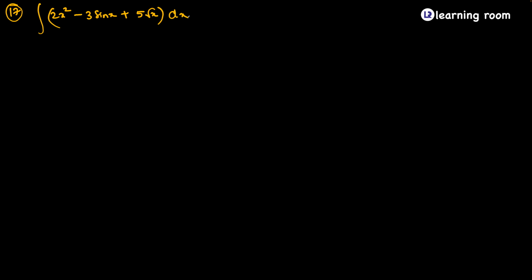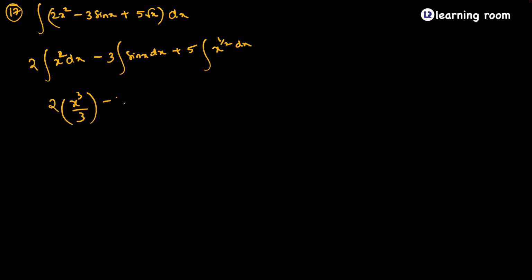So 2 times the integral of x square dx, minus 3 times the integral of sin x dx, plus 5 times the integral of x power half dx. Clear? So 2 into the integral of x square is x cube by 3, minus 3 into the integral of sin x, which is minus cos x, plus 5 into the integral of x power half.